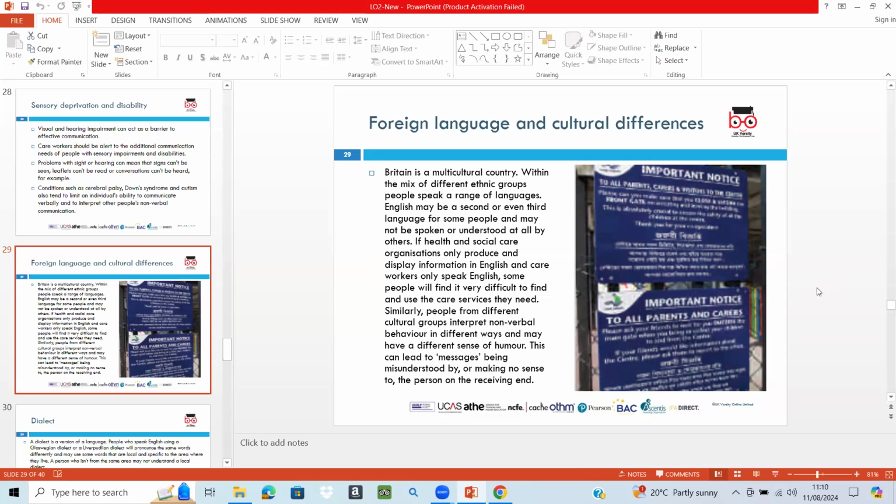Cultural differences can lead to misunderstanding if not properly managed. For example, certain nonverbal cues might have different meanings in different cultures. A gesture that is considered polite in one culture might be seen as rude in another. Language barriers can also make it difficult for patients to understand medical information, so using an interpreter or providing translated material is essential.